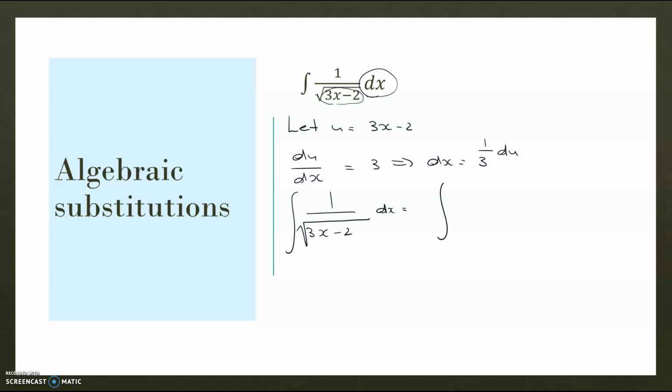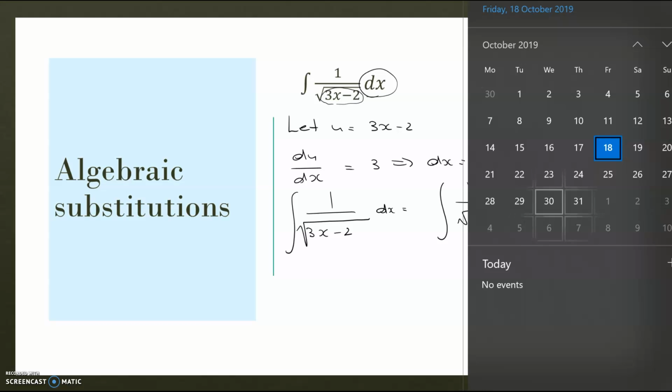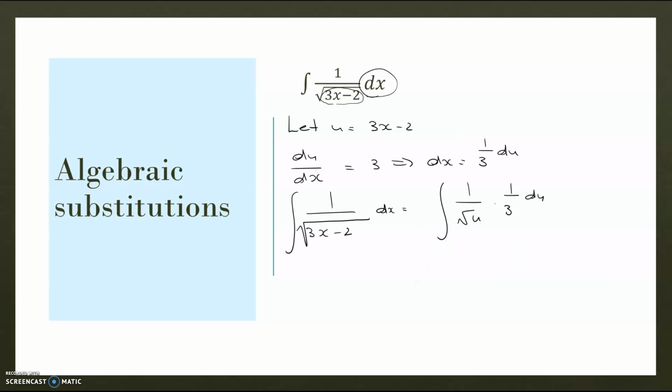So that's going to be the integral of 1 over root u times a third of du. Put the third out the front if you like. Why don't I make that u to the negative a half? And then I can integrate it.